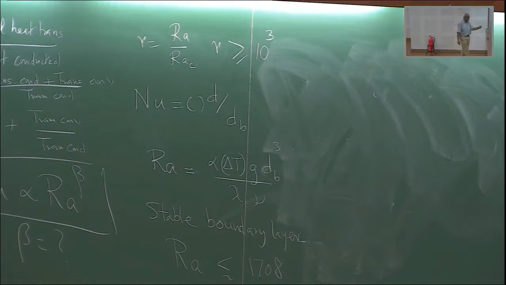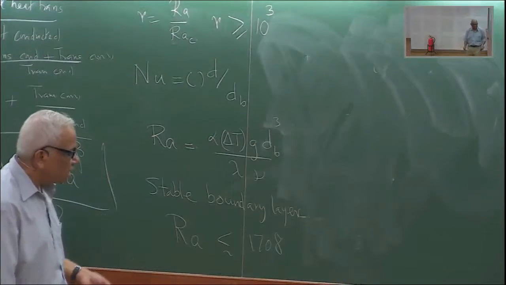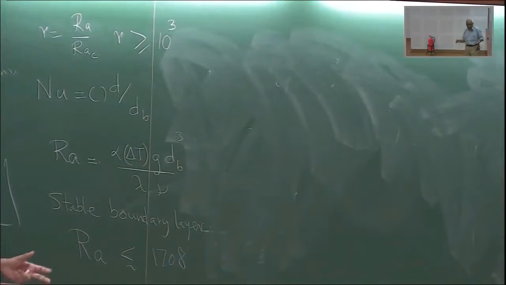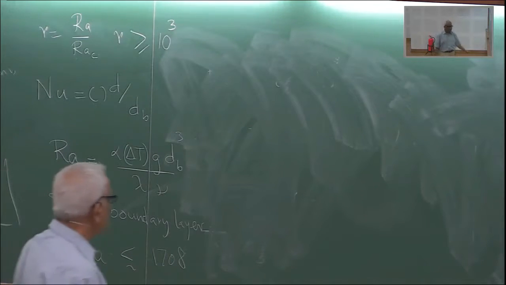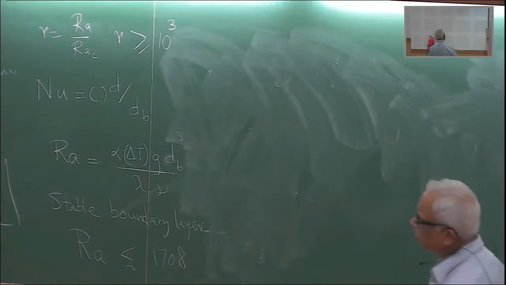The boundary layer over here is not exactly a zero velocity state. There is a certain amount of flow in the boundary layer, but it's a laminar flow, not really a turbulent boundary layer. So it is a stable laminar boundary layer, and you say, all right, it's a bit of a cheat over here, but that's a good way to start.